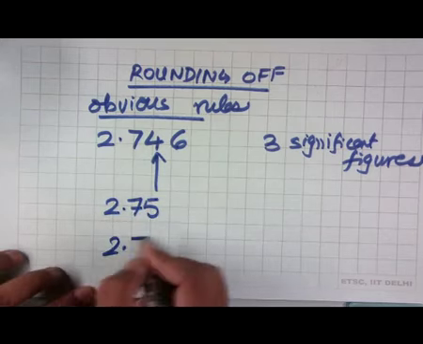So, we look at the digit which has to be dropped and we see if the digit to be dropped is bigger than 5, we raise the preceding digit by 1, and if it is less than 5, we leave it unchanged.